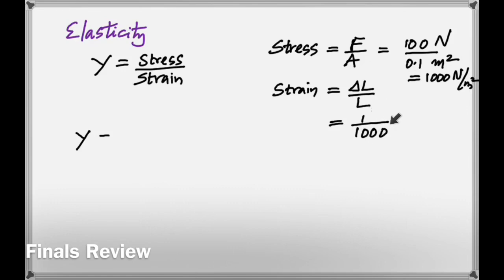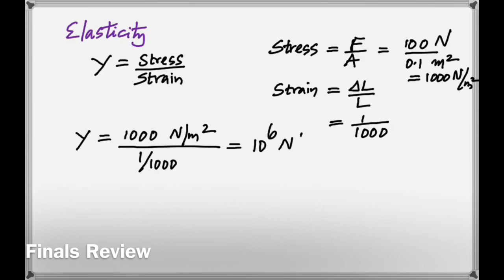You just have to have consistent units for this. If this is in millimeter, this also has to be in millimeters. So once I give you the stress and the strain, you can find the Young's modulus. So just go 1000 by 1 by 1000, which gives you 10 to the power 6 Newton per meter squared.